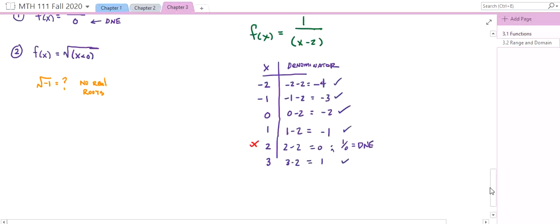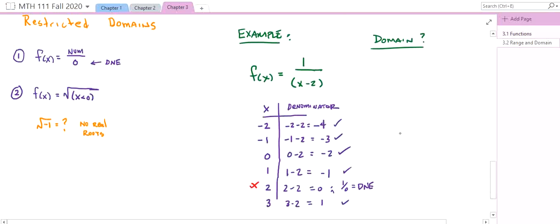So we would say here that the domain is all real numbers but 2. Or I could be more specific and say x equals 2 is excluded. But a simpler way to write this would be x is not allowed to be equal to 2. So I'm writing the opposite.